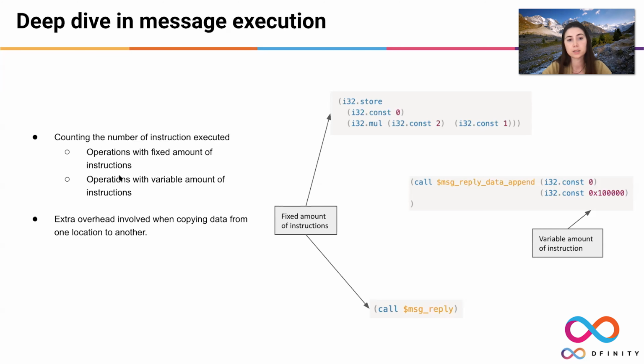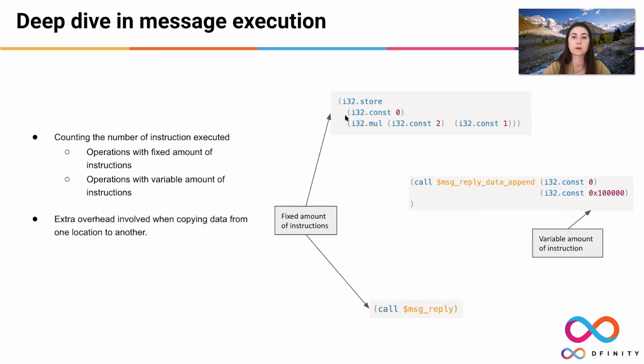What we want to show is that in the code, some operations have a fixed number of instructions needed for them to be executed, while others can have a variable number, which can depend on their parameters. The idea is that instructions with a variable number of instructions work with lots of data. We have two examples here.